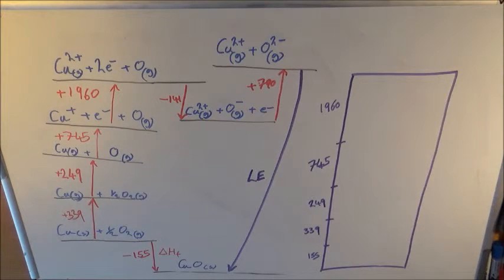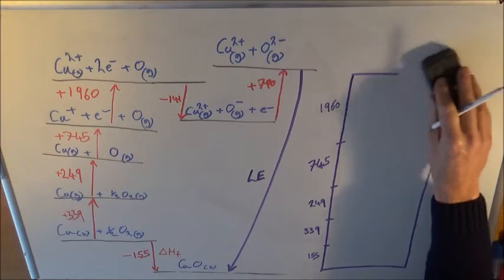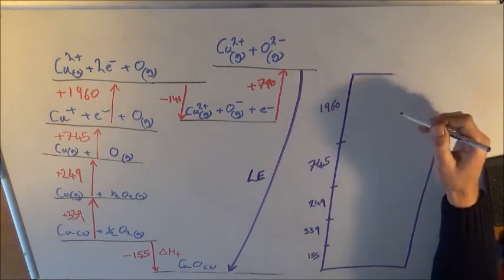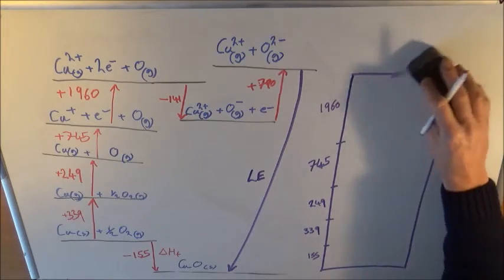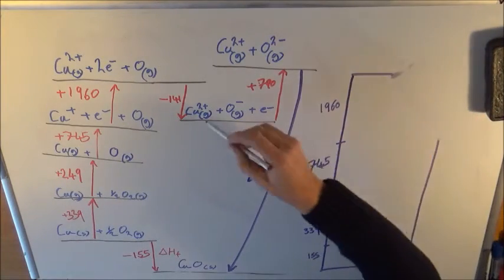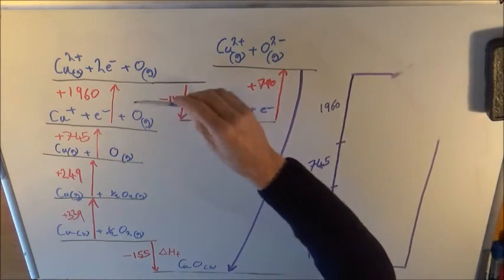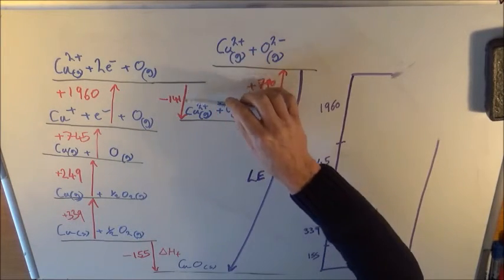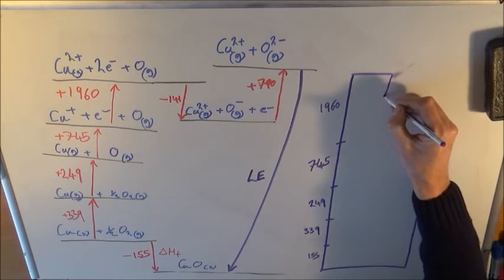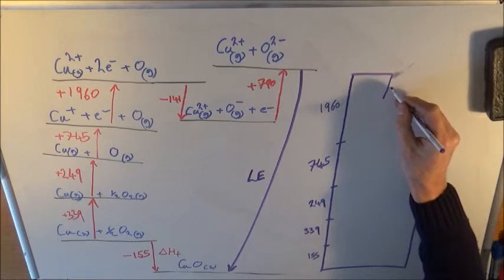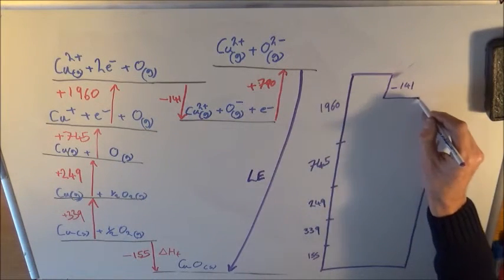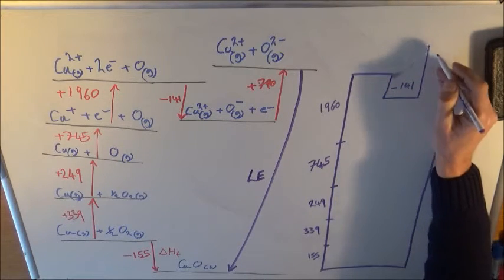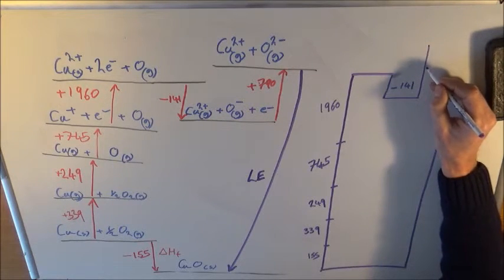Now, before we get to this corner, I'll do it like this. See how when we're at this end of the field, we've got to here, we've come back again, we've come back 141, so I'll just put minus 141, and that brings us to here, and then we've gone off again 790.